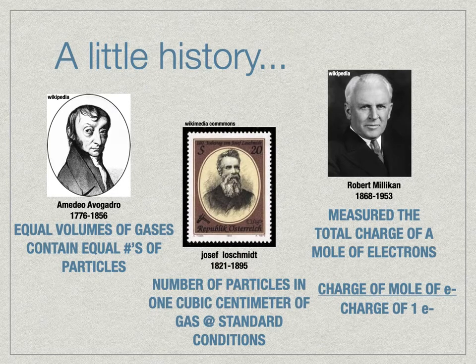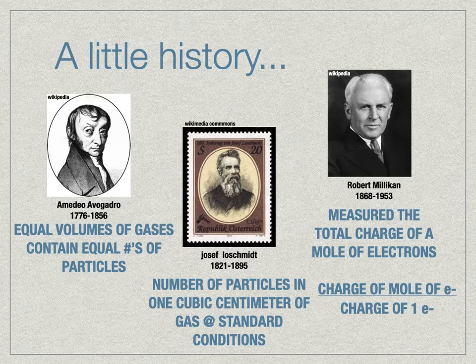There are a handful of fairly important figures in this process, but one, of course, that the number is named after, Amedeo Avogadro. You can look at the dates there, late 1700s, early 1800s. Avogadro did not, in fact, determine the number 6.02 times 10 to the 23rd.